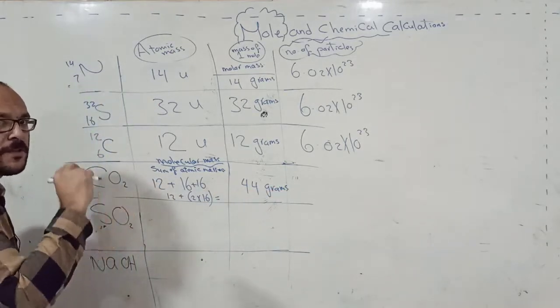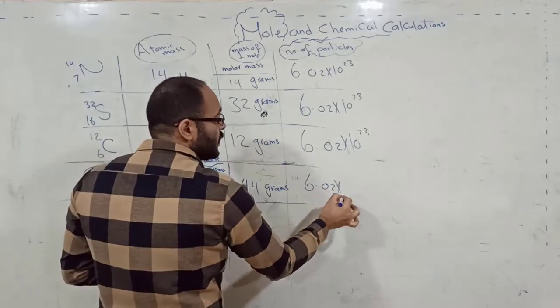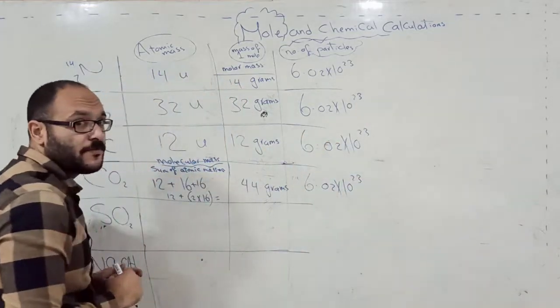And if we count the number of particles in 44 grams, they will be 6.02 times 10 to the power 23, as Avogadro said.